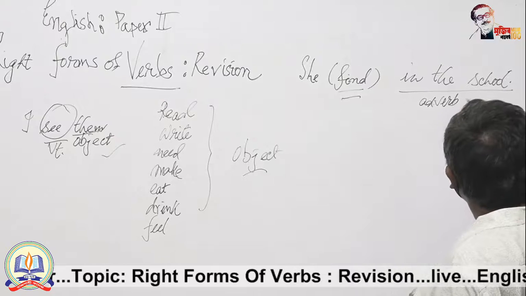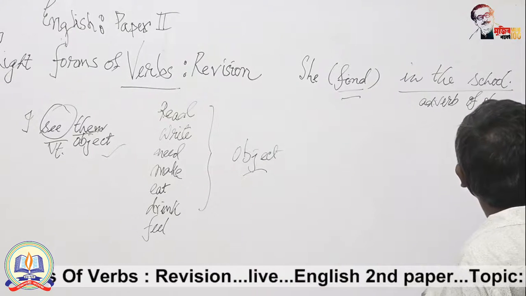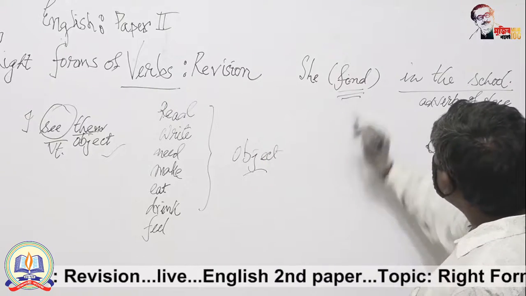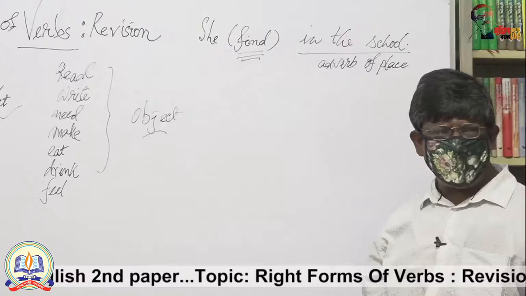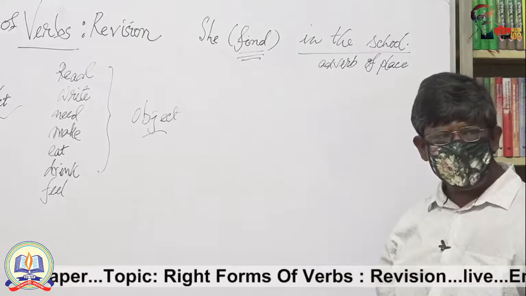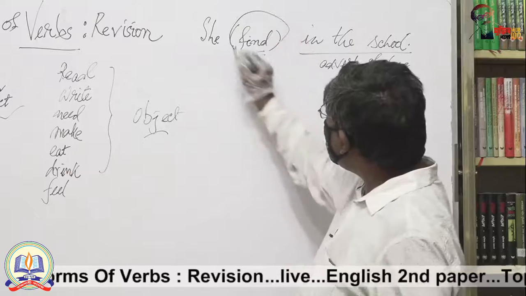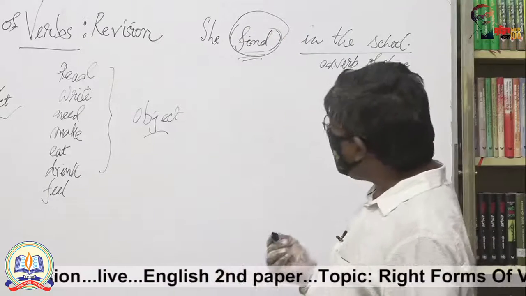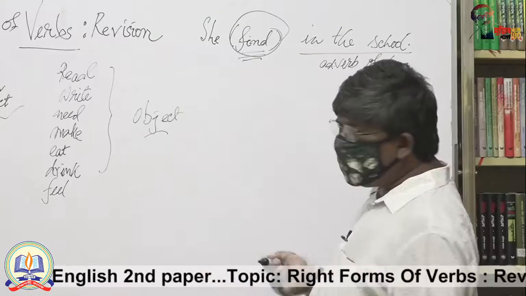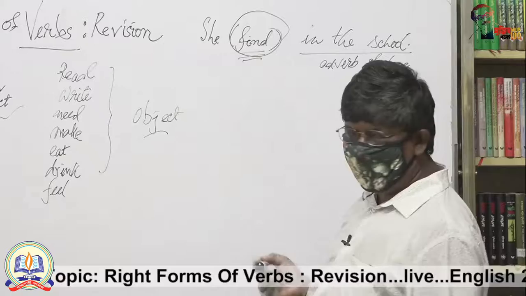Adverb of place. Usually, this verb in this sentence would be expressed in the intransitive form. But find is basically or fundamentally a transitive verb, though we do not have any object after find.